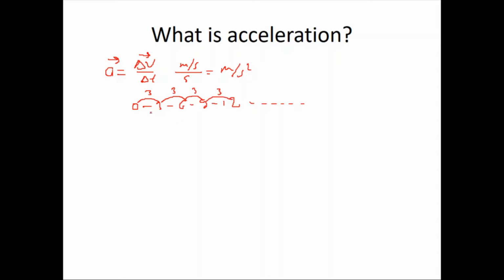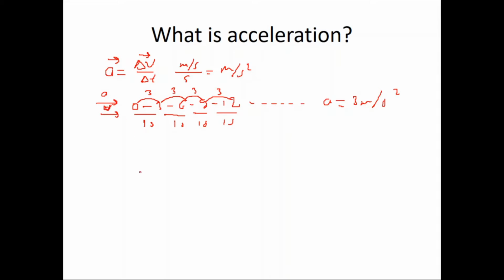It means that the velocity is increasing constantly 3 meters per second. Assume the intervals are 1 second each. So this means that the acceleration in this case is going to be 3 meters per second square. Here the acceleration is in this direction and the velocity is also in the same direction.